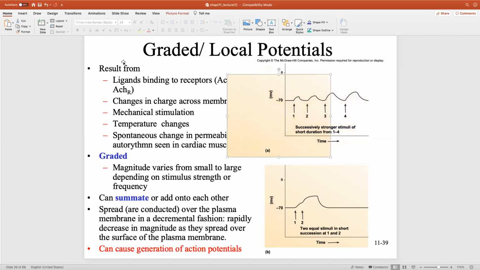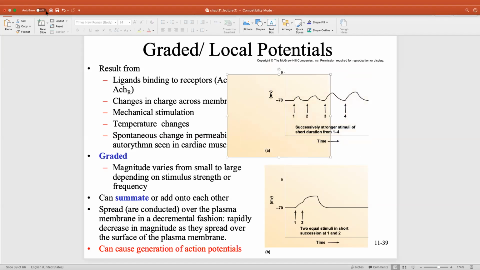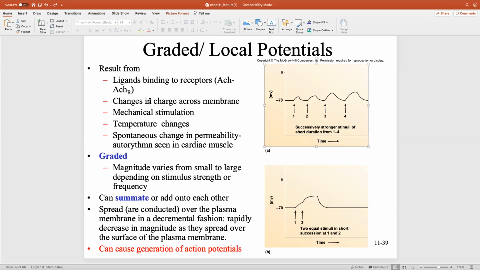So this can result from a few different things. A graded potential is that initial rise in membrane potential from minus 70 towards threshold. What can cause that initial rise? It can be caused by a ligand being released from a presynaptic neuron, which then binds to the postsynaptic neuron.